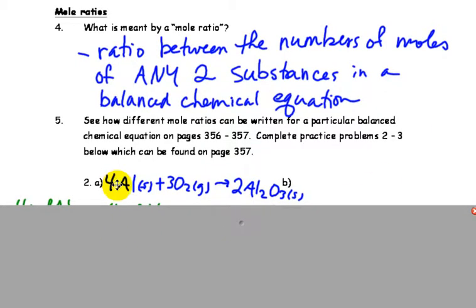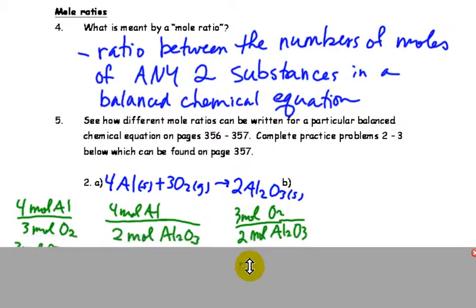So let's say we have this: 4Al plus 3O2 yields 2 aluminum oxide. So we could view this as 4 atoms plus 3 molecules yields 2 formula units, because look at this, this is a single atom, this is a molecule, this is a formula unit. Or we can read it as 4 moles of aluminum plus 3 moles of oxygen yields 2 moles of aluminum oxide.